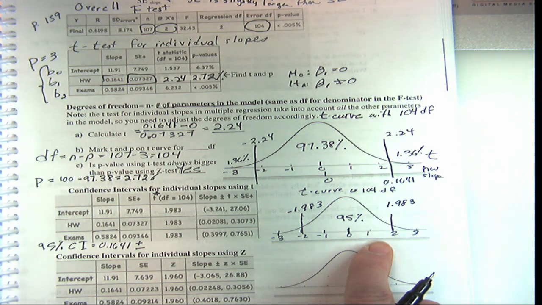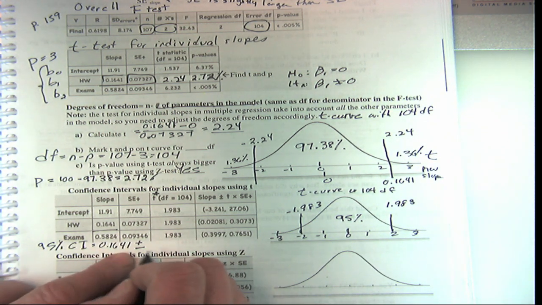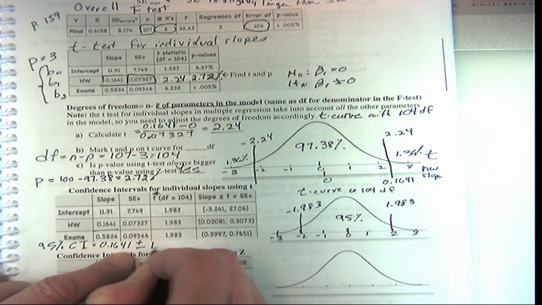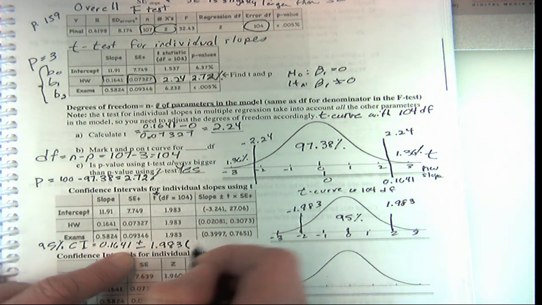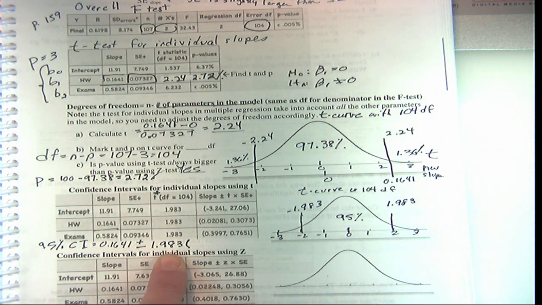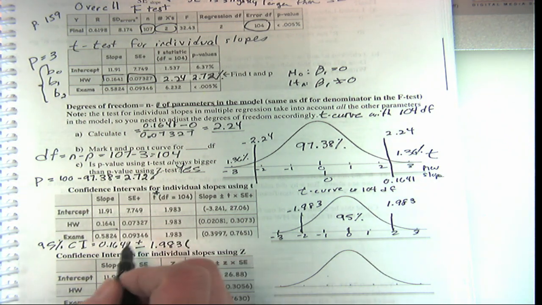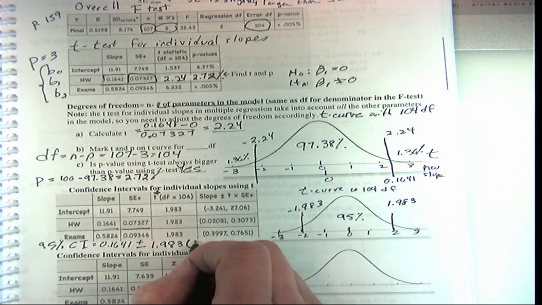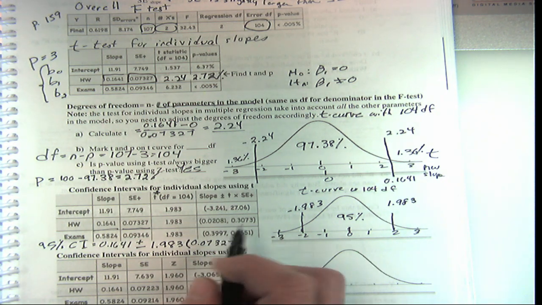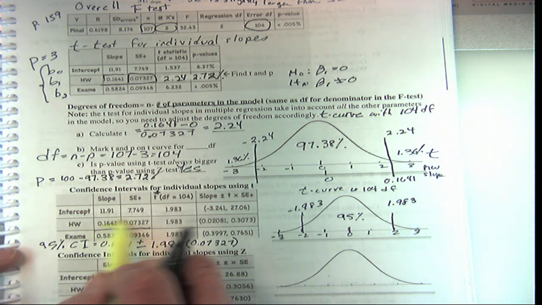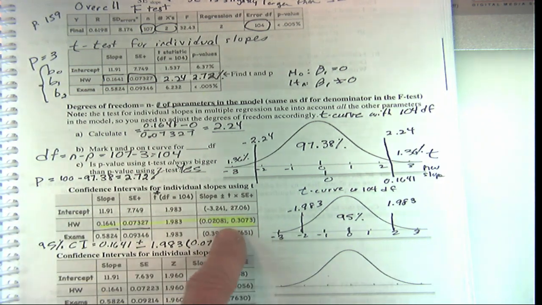Now, let's write that down here. It's plus or minus 1.983 times what? Times the standard error. So that's times this. And that's what gave us these limits.